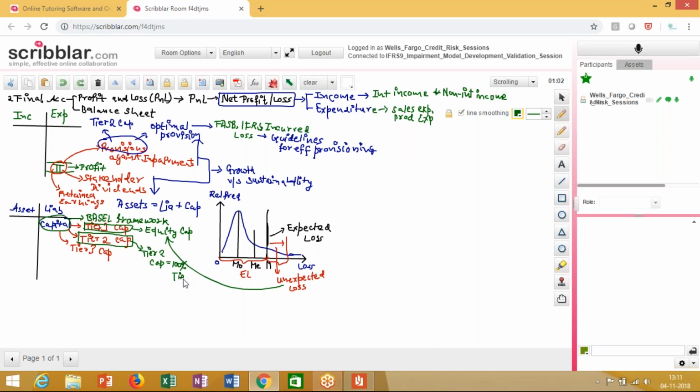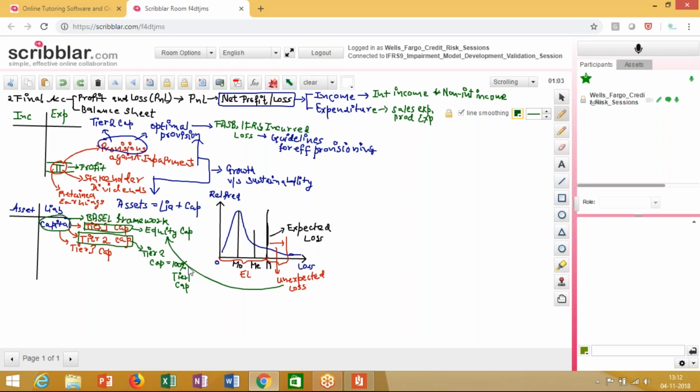It cannot exceed tier 1 capital by any chance. So tier 1 capital is used to absorb the unexpected losses, and the expected losses are absorbed by the provisions or allowance for loans and lease losses, which is a component of tier 2 capital.